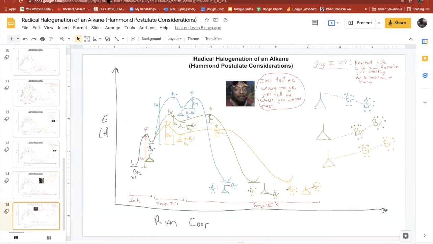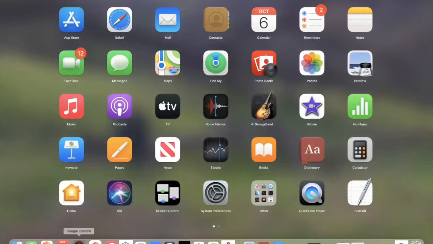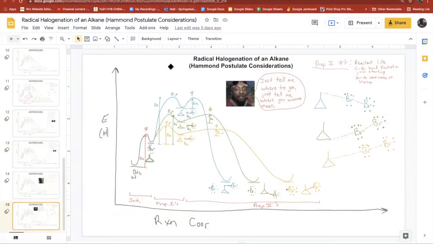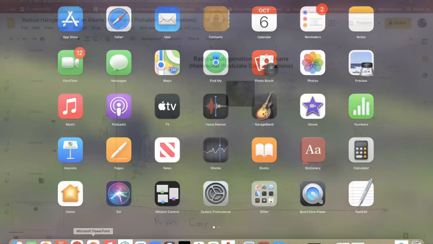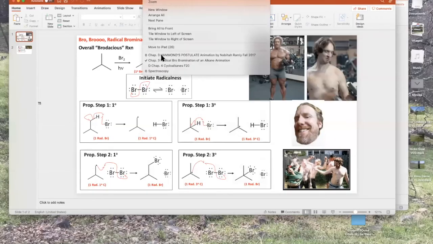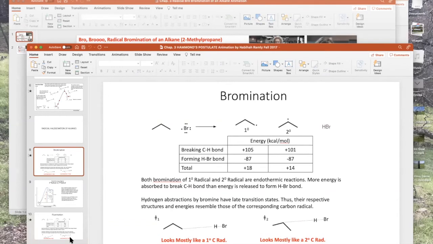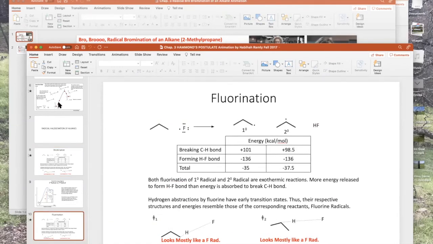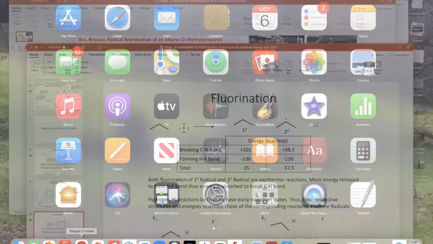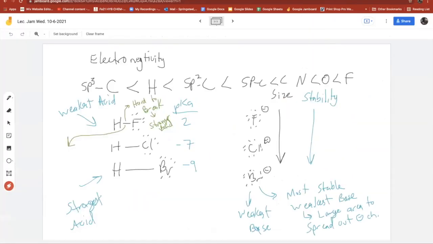Where did I have that? It's like 147 or something. Honestly. 87 for bromine and 136 for fluorine. 136 kcals per mole to break that bond.